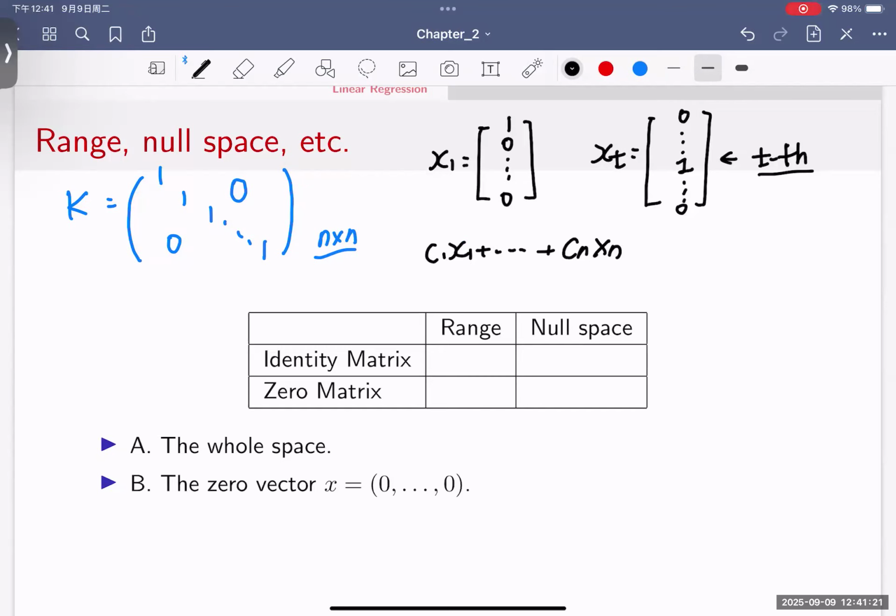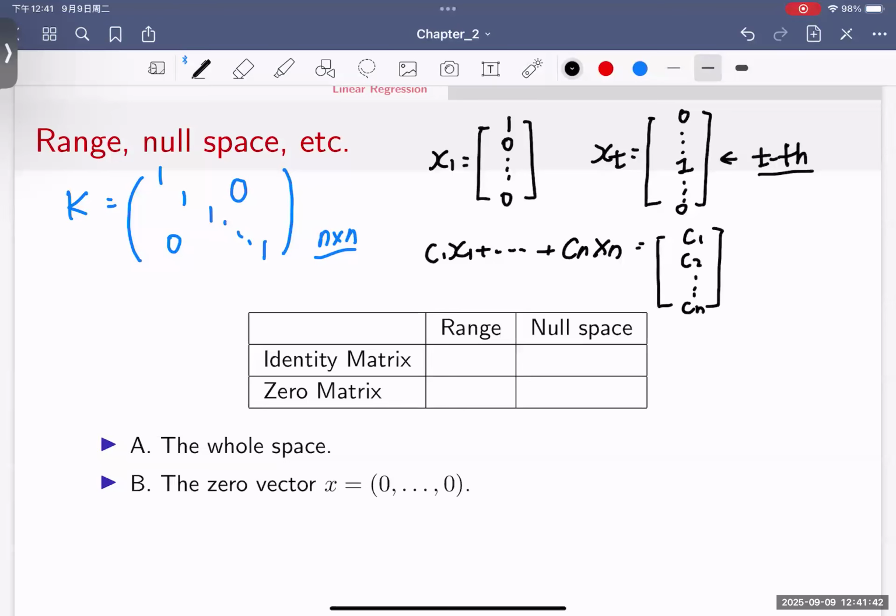So the result is like this: c1 times x1 just stands for this element being multiplied by c1, and ct times xt just stands for this element being multiplied by ct. So our result is just this vector.